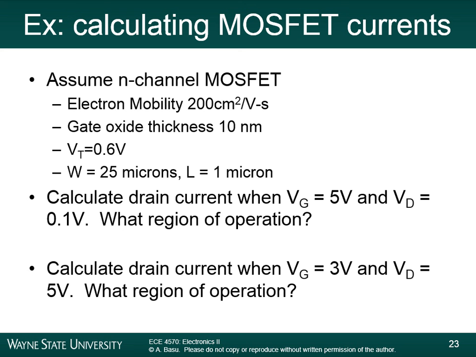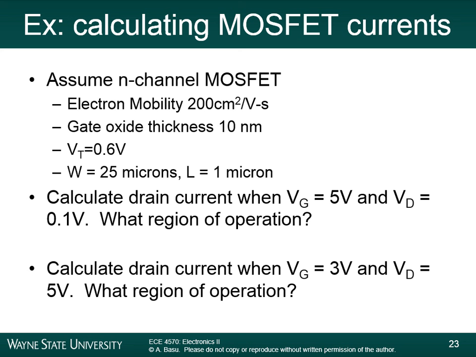Assume you have an N-channel MOSFET with some given electron mobility, a given gate oxide thickness, a VT equal to 0.6 volts, and the dimensions here. I want you to calculate the drain current when VG is equal to 5 volts, VD is equal to 0.1 volts, and tell me what region of operation you are in. And then the same thing when VG is equal to 3 volts and VD is equal to 5 volts.